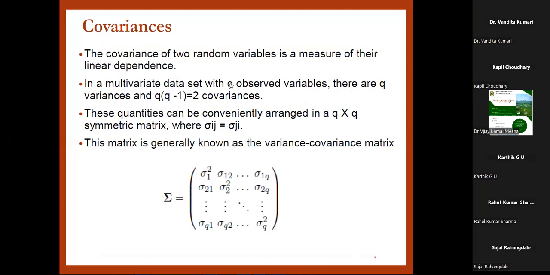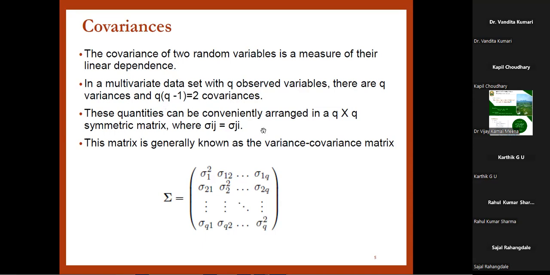But in a multivariate data set, as I have already said, we have q variables. So what happens if there are q variables? Then we are going to have q variances and, for the combination of two variables, a total of q into q minus 1 divided by 2 covariances.